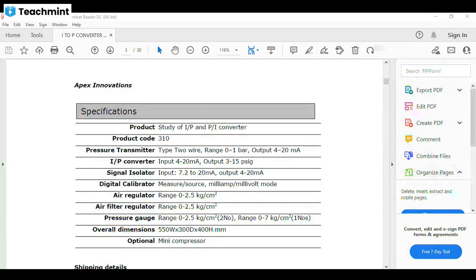For the input current of 4 to 20 milliampere, we can get the output in psi.